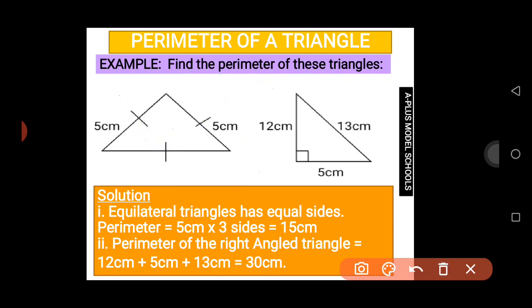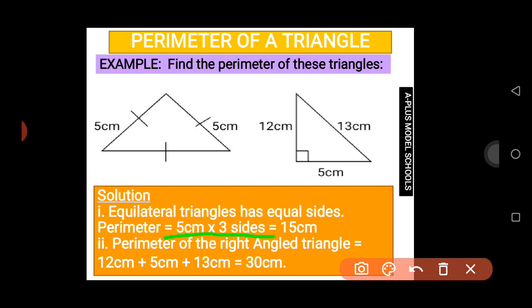So if this side is 5 centimeters, this side will also be 5 centimeters, and this will also be 5 centimeters. So my perimeter will just be 5, since they have the same length, times how many sides is it having? Which is 3 sides. So we have 5 centimeters multiplied by 3 sides, which is equal to 15 centimeters for the first one.